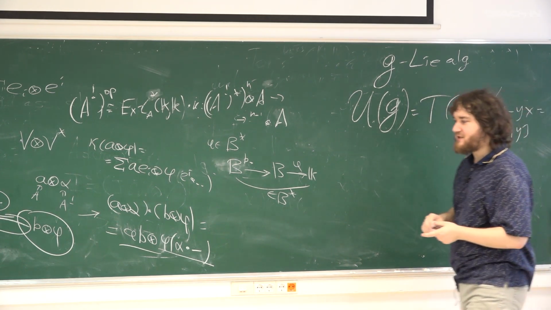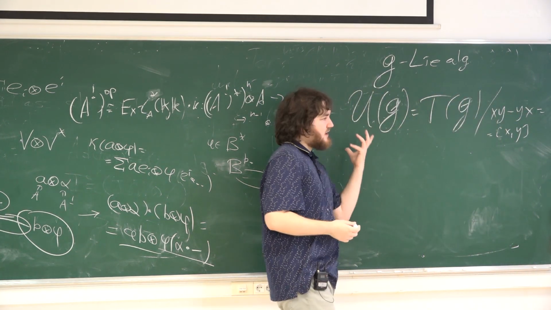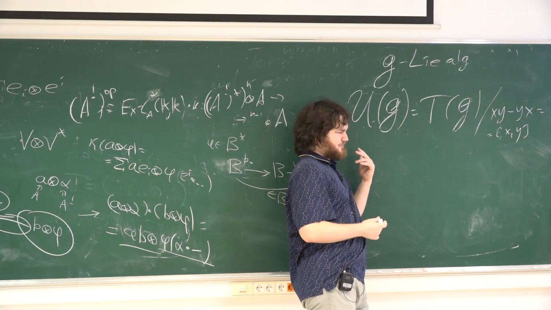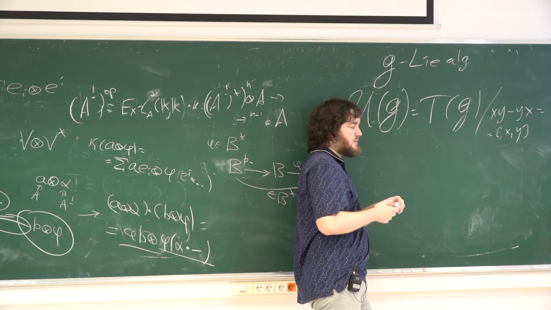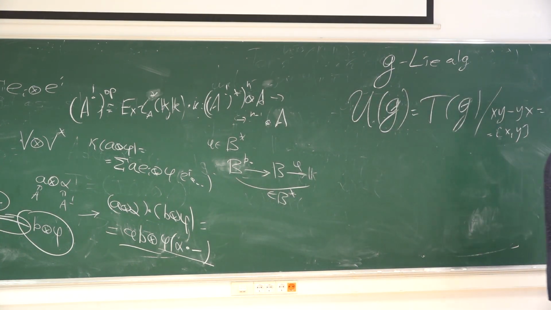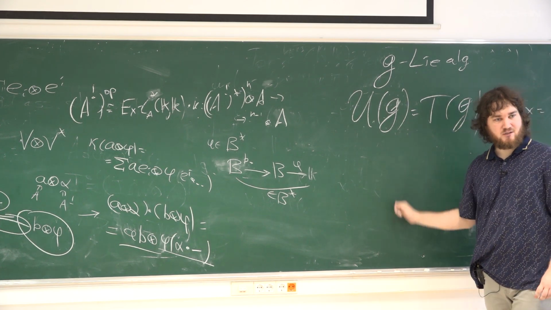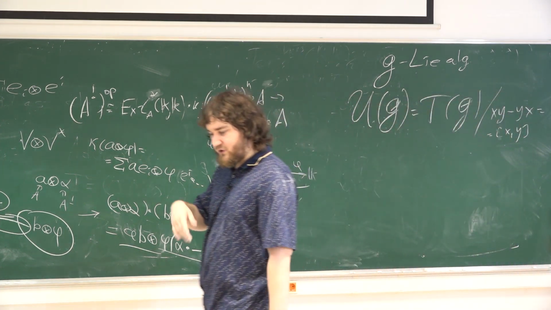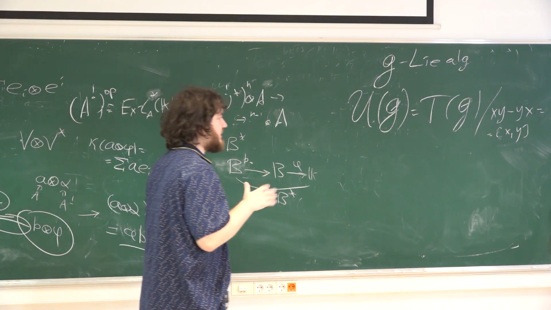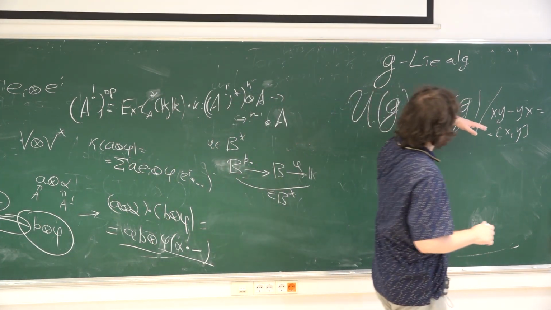In this situation, it's the so-called Poincaré-Birkhoff-Witt theorem. It's the graded quotient algebra. If you consider the filtration on this algebra by monomials, then the filtration is multiplicative, and if you consider the graded quotients, you obtain exactly the polynomial algebra.